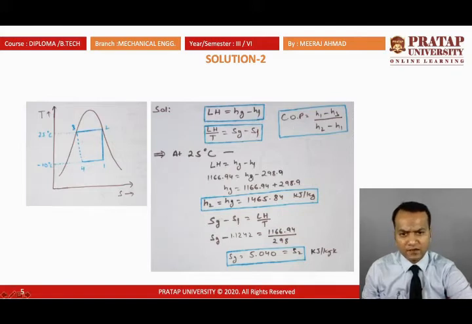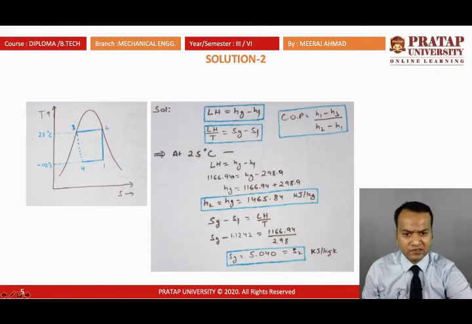So look at the temperature. First you will look at the temperature 25 degrees Celsius. Latent heat is equal to Hg minus Hf. Latent heat is given at temperature 25 degrees Celsius in the table.